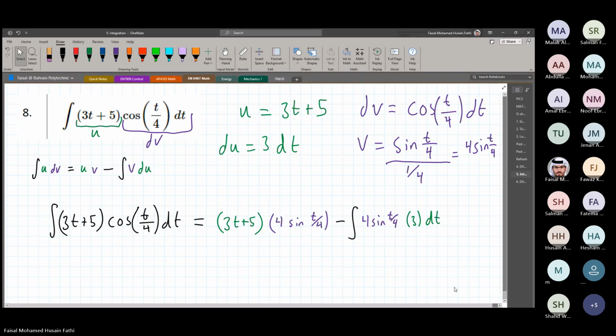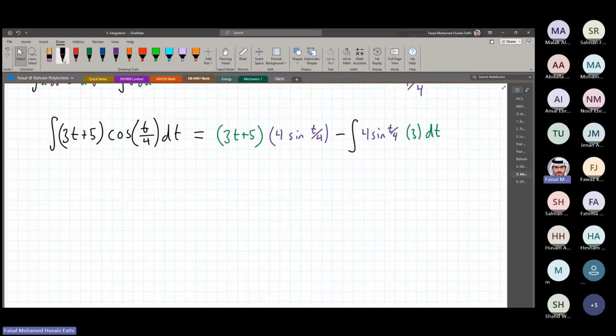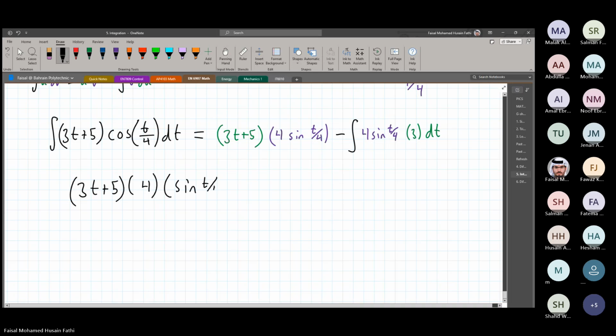Okay? In this case, we can simplify it. 3t plus 5 keep it as it is, times sine t over 4.